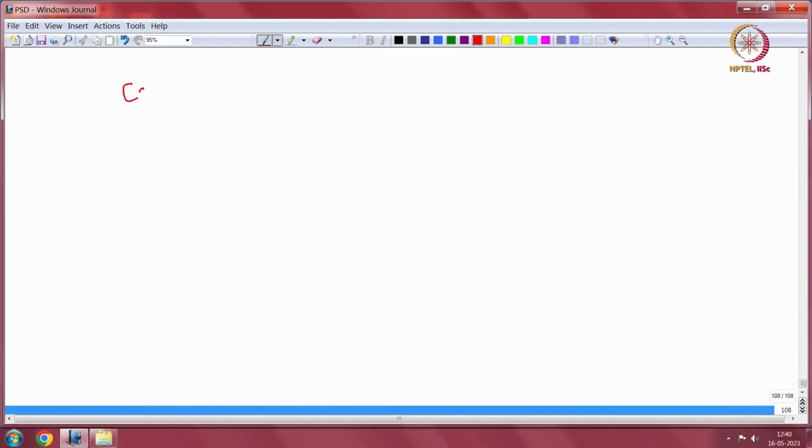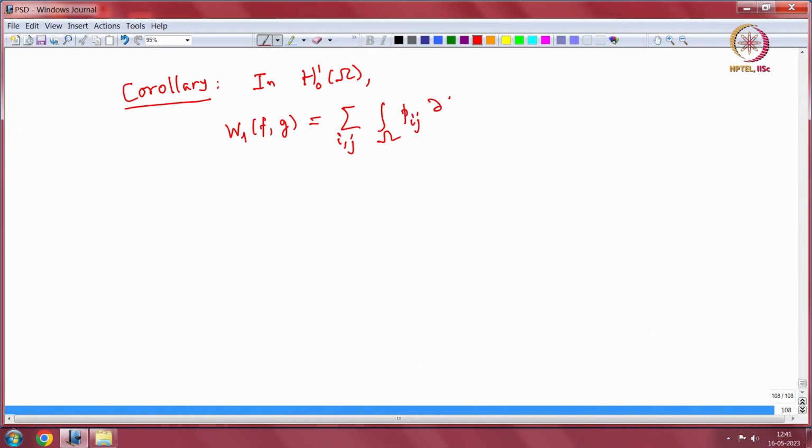Corollary: in H1 0 omega, this, let me call it W1(f,g), which is the summation over i, j of the integral of P_ij, plus the integral of Q f g.